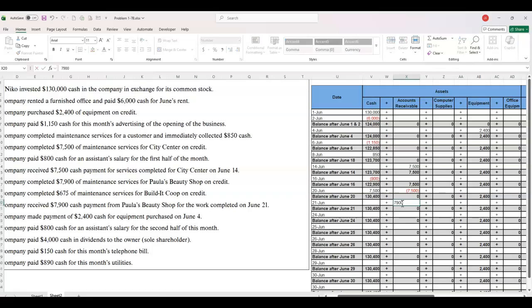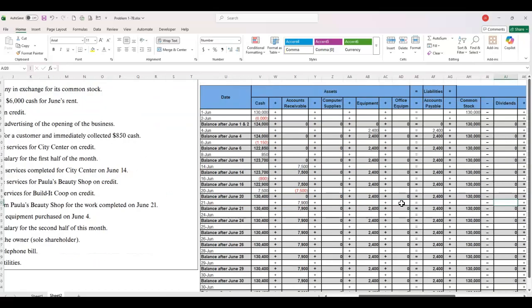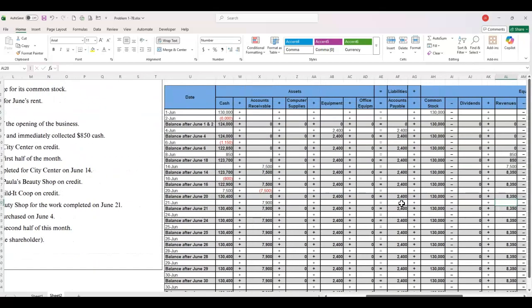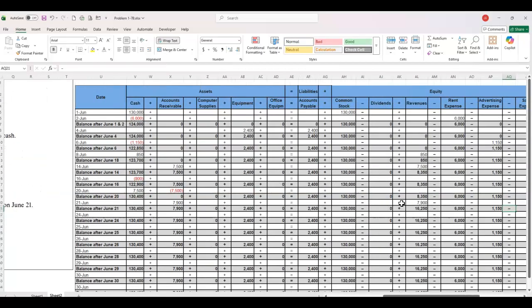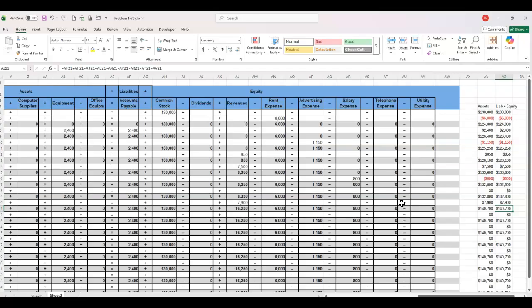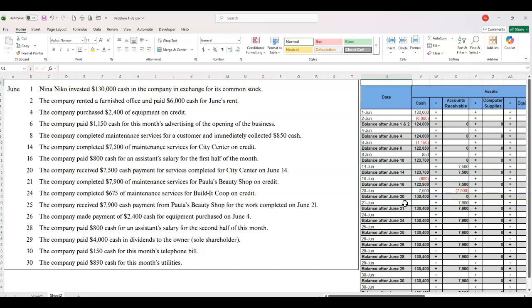This is $7,900 in accounts receivable and $7,900 in revenue. You just want to see the balances real quick. Balances are the same. All right.